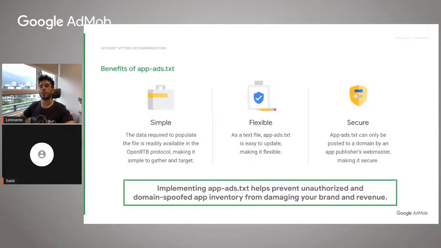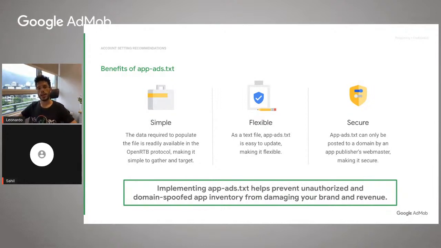But what are the benefits of app-ads.txt? First of all, implementing app-ads.txt helps prevent unauthorized and domain-spoofed app inventory from damaging your brand and revenue. Secondly, similar to robots.txt, app-ads.txt can only be posted to a domain by an app publisher's webmaster, making it valid and authentic.